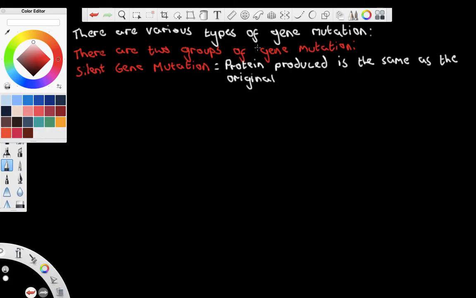And we've also got what's called a non-silent gene mutation, where the protein is not the same. Non-silent gene mutation.